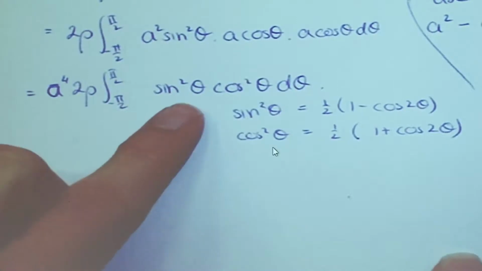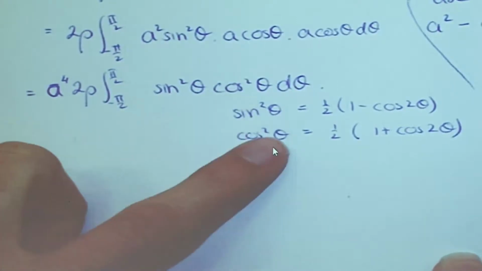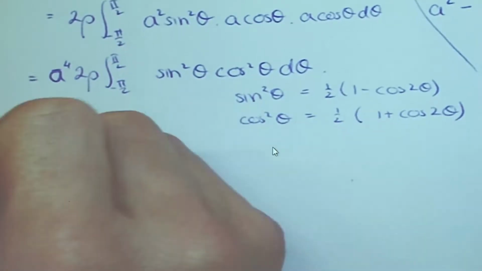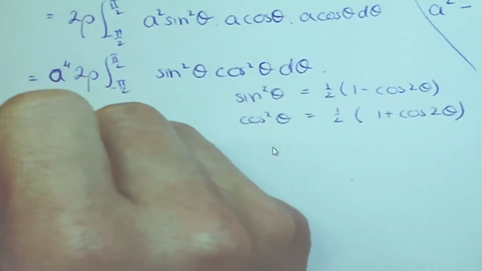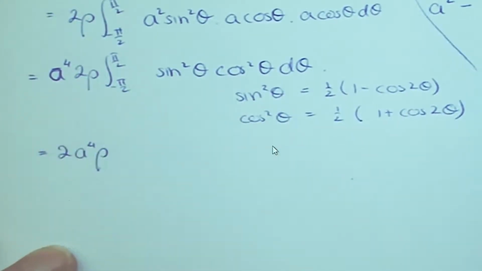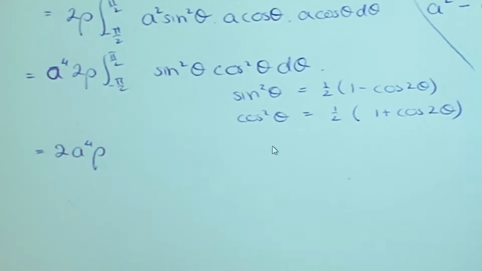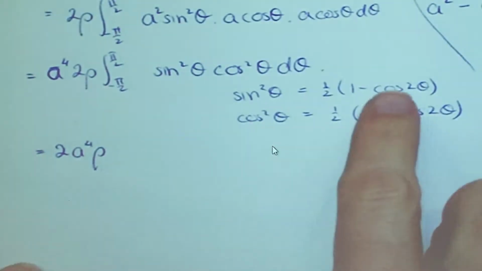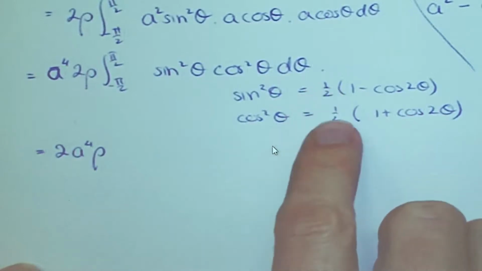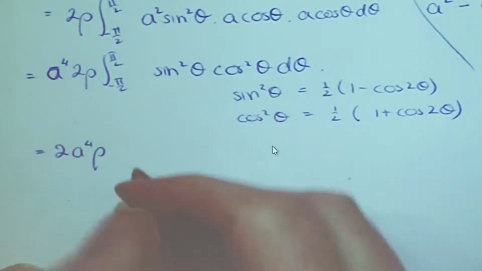Okay, so we're going to do sine squared and change it into this, and a cos squared and change it into this. Alright, so we've got 2a to the 4 rho. Now, if I do this one times this one, I'm going to get a quarter from those things at the front, right? That's a constant, so I'm going to zip that through the integral sign.